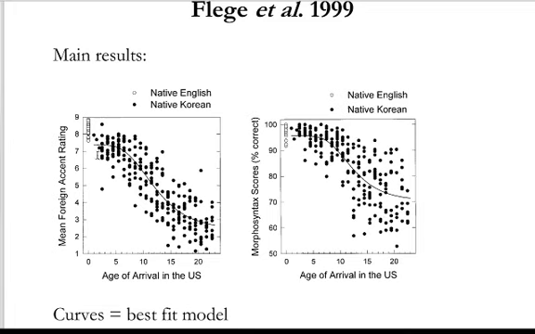Interestingly here, we're seeing a much steeper slope for the foreign accent rating than we are for these grammaticality judgment tasks. And I think this is completely intuitive, right? So anybody who's spent a long time with a foreign language that isn't your native language, pronunciation is almost never going to be native-like unless you started studying the language as a young child, right?